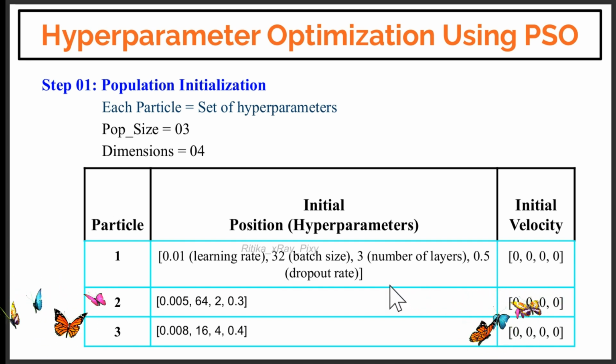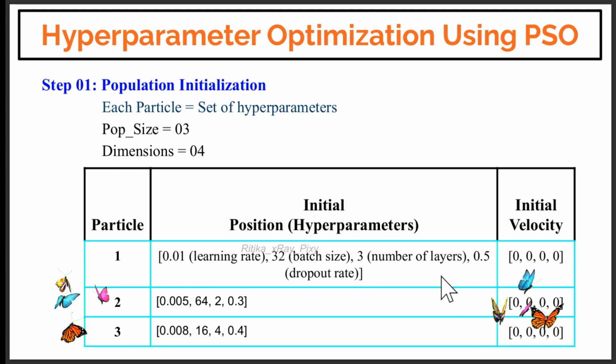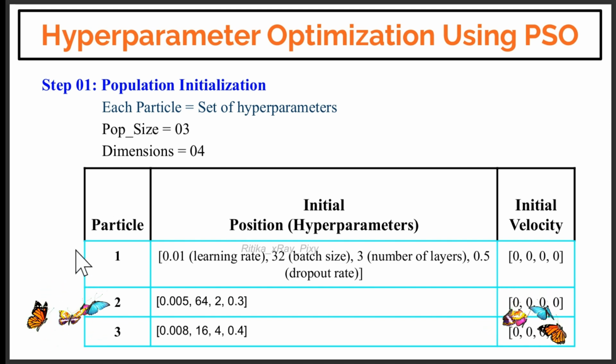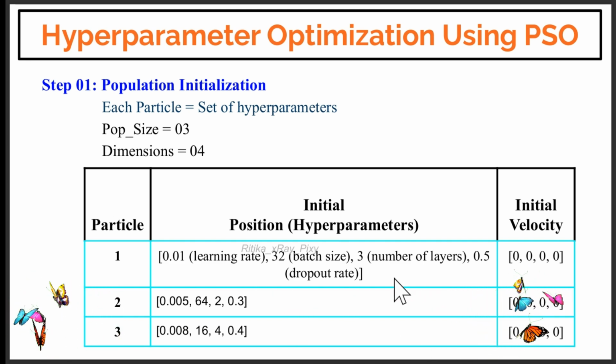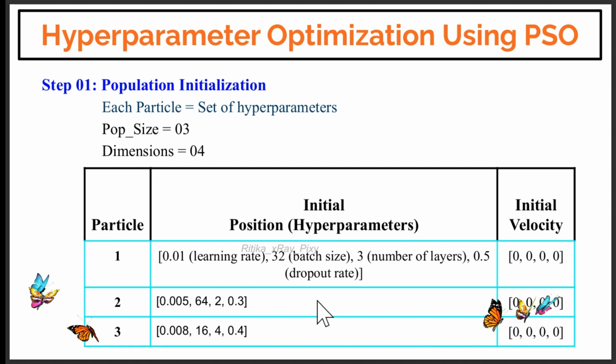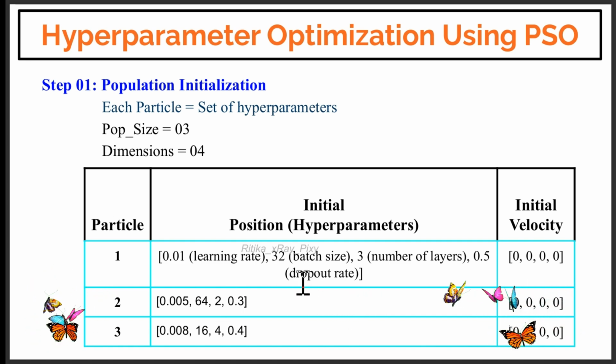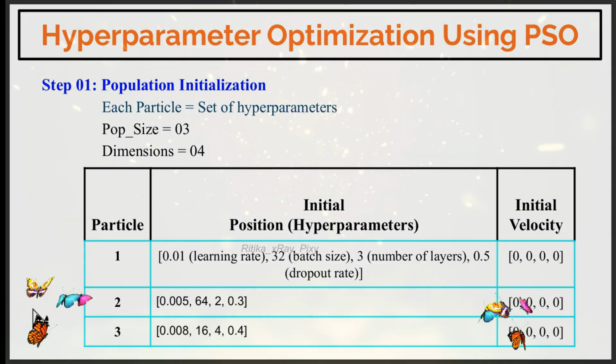So suppose this is the initial position for the first particle, and the initial velocity for this particle is 0. Like that we have the position for the second particle and for the third particle. First parameter learning rate, second batch size, third number of layers, and the fourth one the dropout rate for each particle.